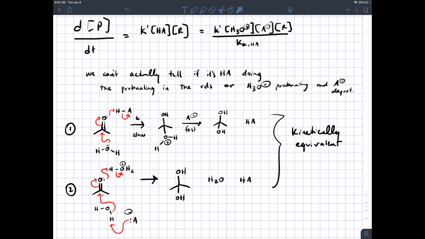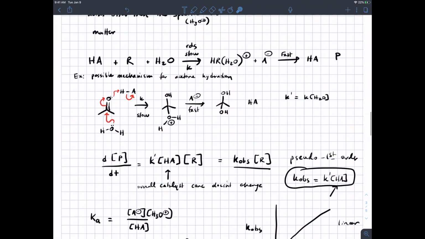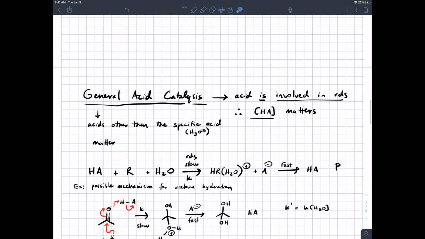But remember that enzymes can place acidic and basic functional groups in the right places already, prepaying the entropic cost of activation, and then your substrate binds, and then everything's present for these kinds of concerted steps. So you may find that general acid catalysis is a feature of many enzymes.